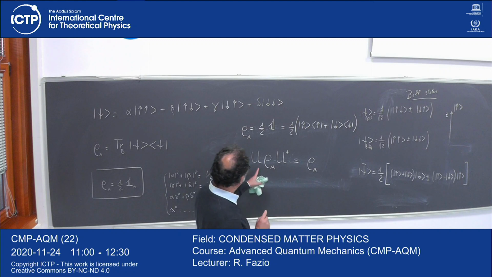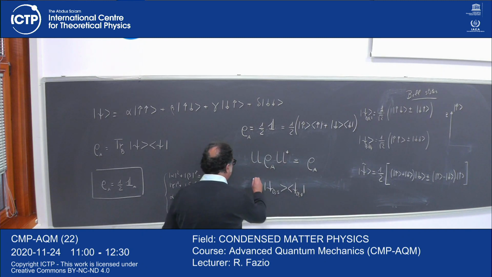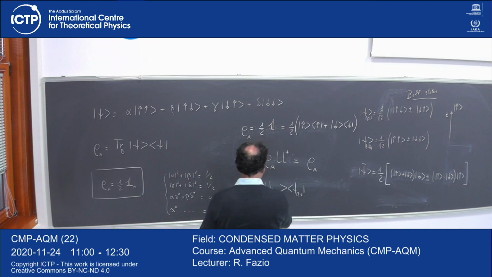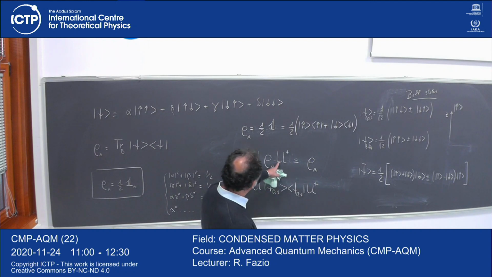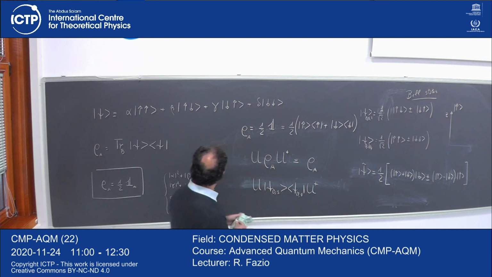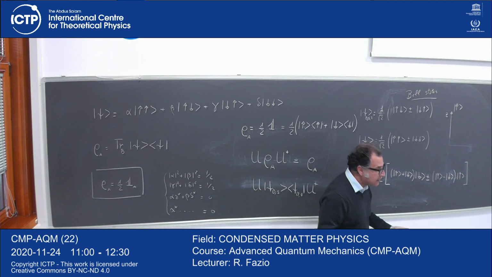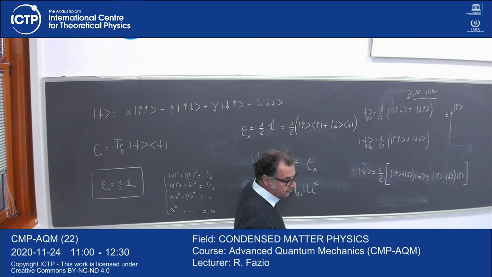If I find psi Bell 1, for example, and apply a rotation on the spin A, then you see the reduced density matrix is still rho A. This means that if I apply a rotation to this state, I will generate another state with the same property. Do you agree?